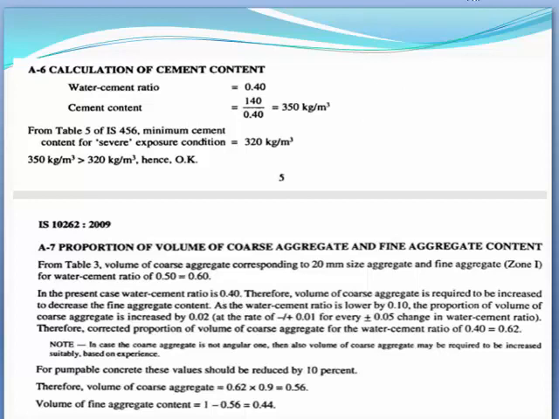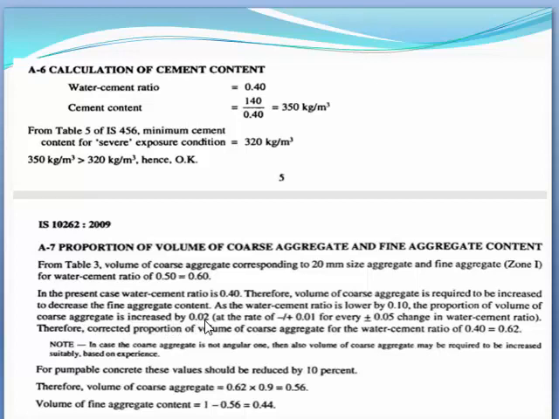And now students, as the water cement ratio is lowered by 0.10, the proportion of volume of coarse aggregate is increased by 0.02. This we have done in this question.